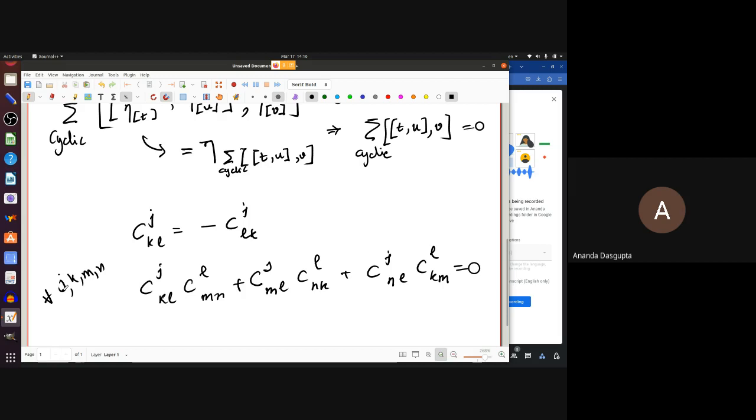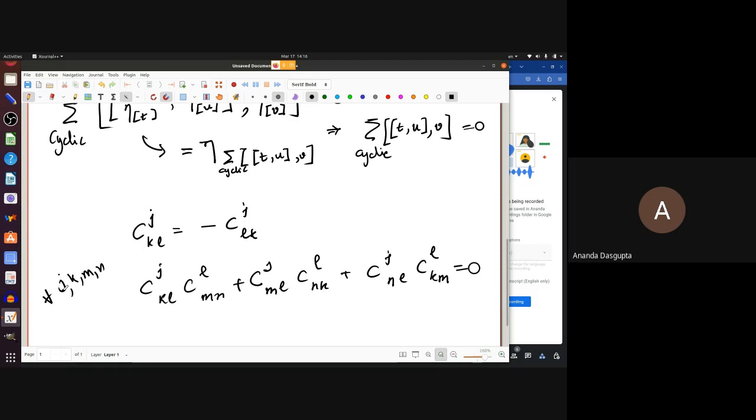Now, it turns out that although this is something we said we are not going to do, we are going to do that only through assignments. This reconstruction of the group product from the structure constants. Of course, there also you might ask a question.